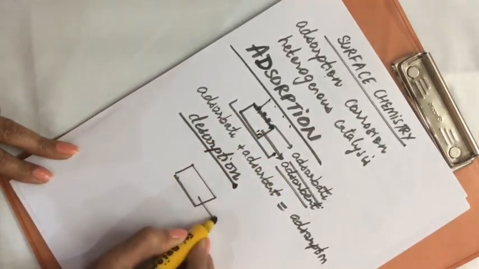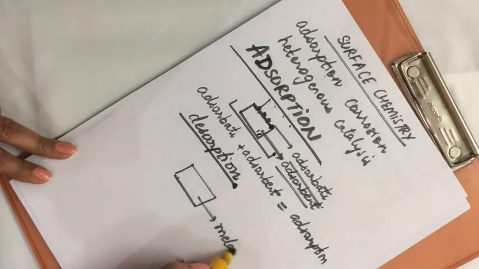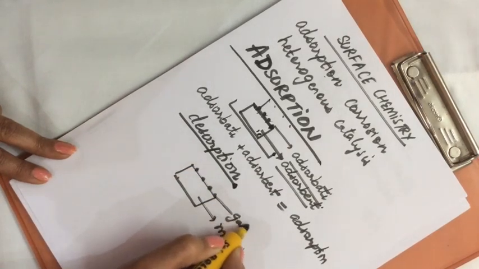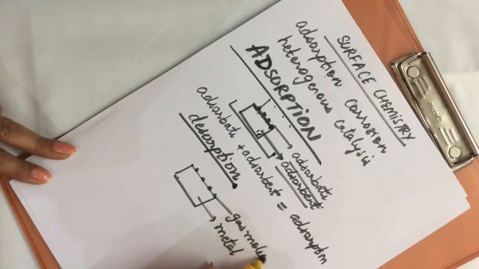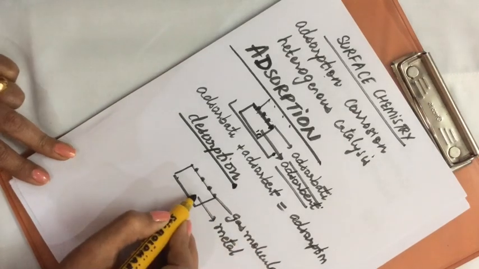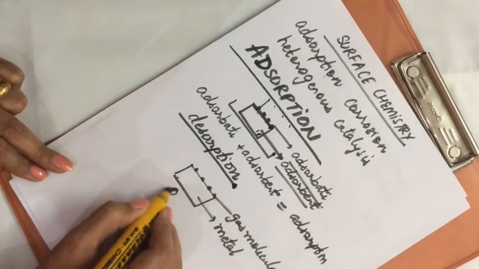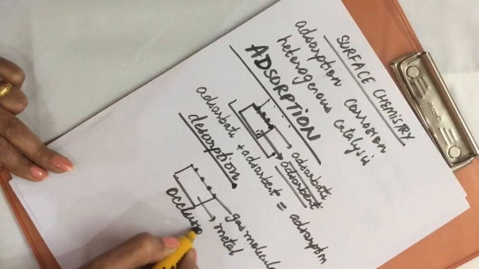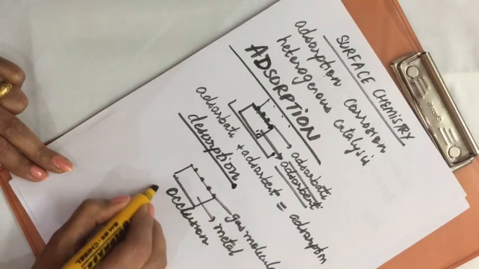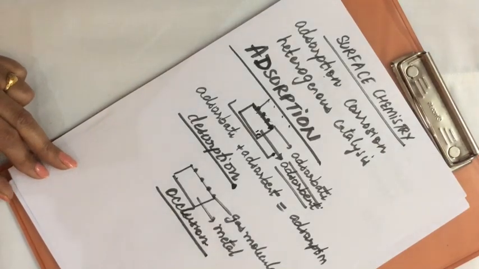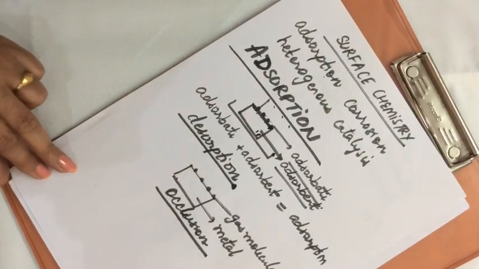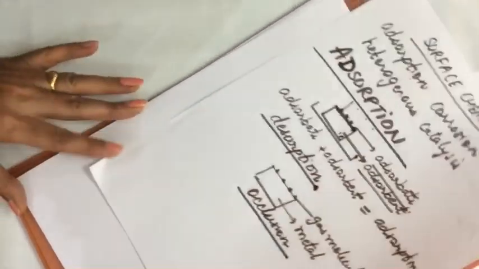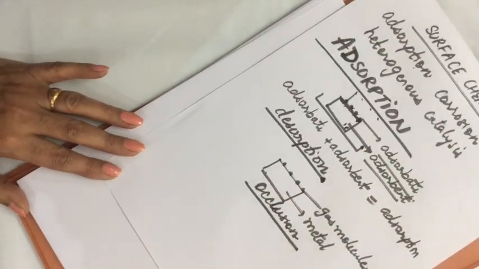If the substance is a metal and gas molecules are adsorbed on the surface of the metal, then this is called occlusion. This is the introduction of the chapter.